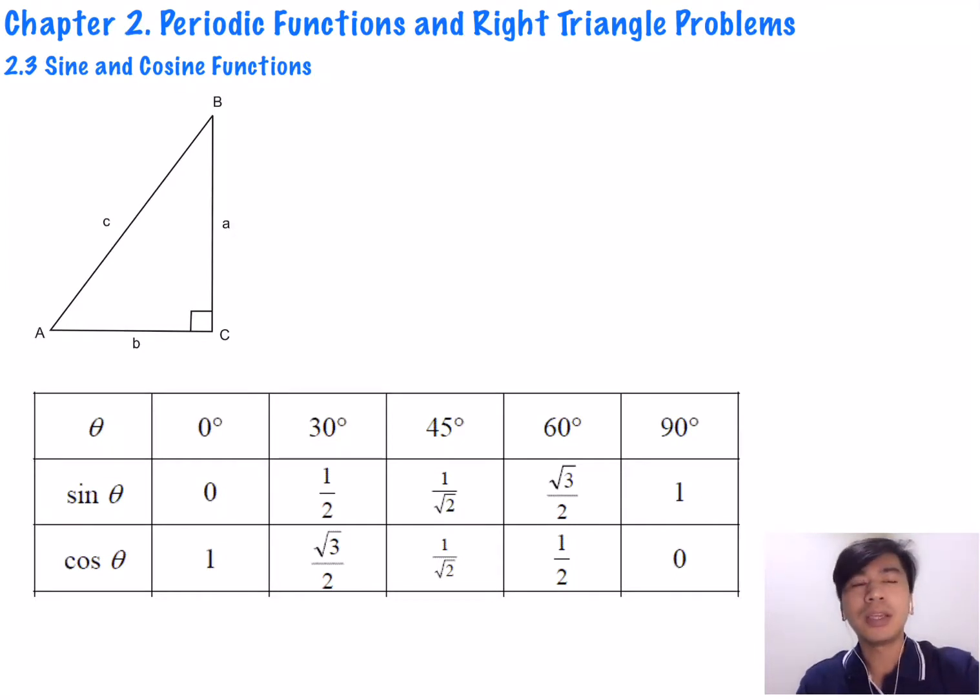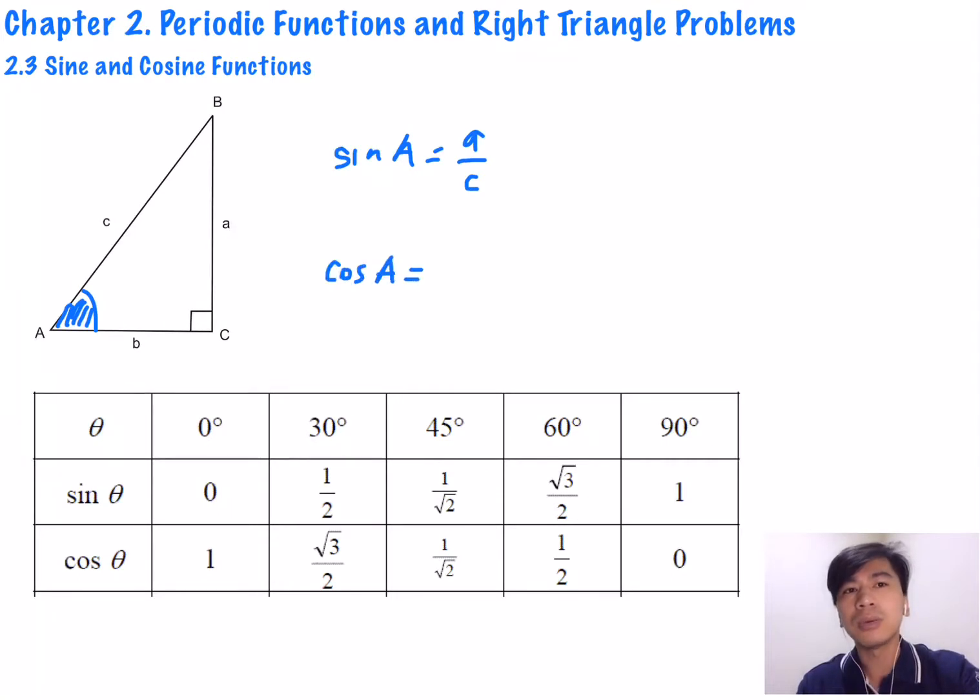So let's say if you are asked what is sine A, so you have a right triangle over here, ABC. If that is the angle A, what is sine A? Sine A will be equal with A over C. What is cos A?